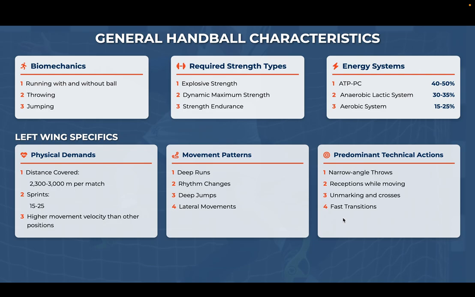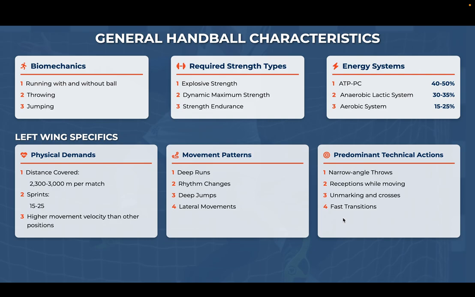The left wing characteristics specifically: his physical demands would be approximately 2300 to 3000 meters covered per match, and around 15 to 25 sprints. Also, he has a higher movement velocity than other positions because he's at the front, you may say.